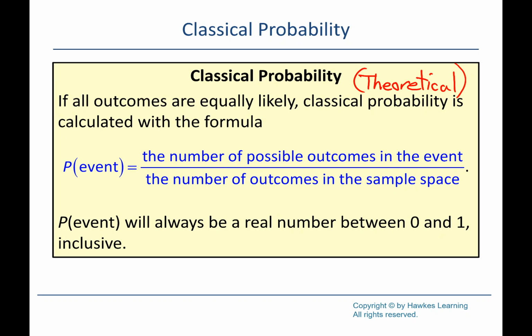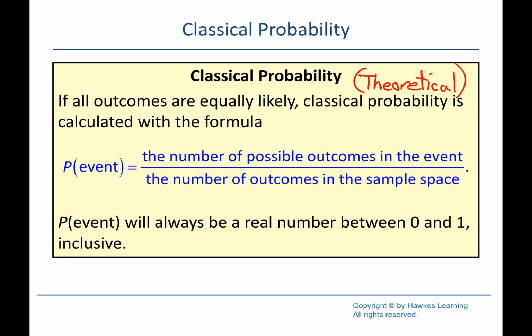We take how many we're interested in, the ones that are in our event, and divide by how many outcomes there were. And then one little note here is, in general, when we're dealing with probability, not just classical probability, our answer is always going to be between 0 and 1. It can be 0, it can be 1. If you think about them as percentages, that makes sense.